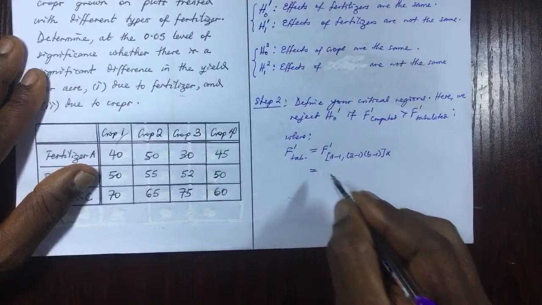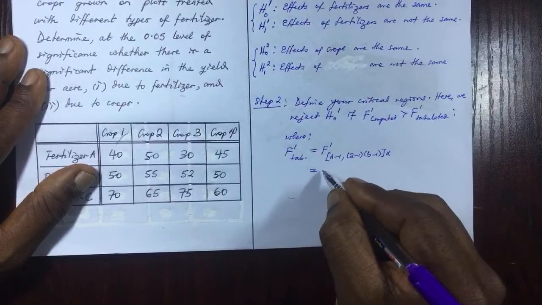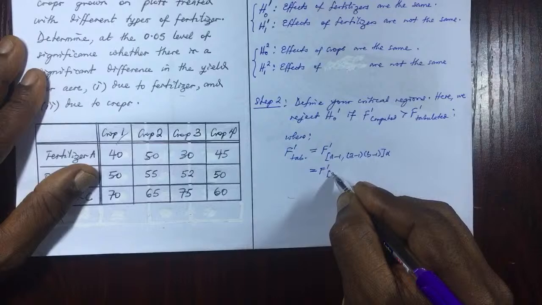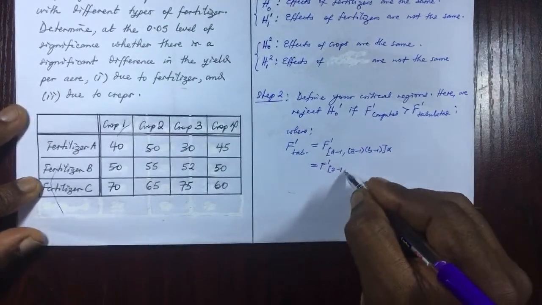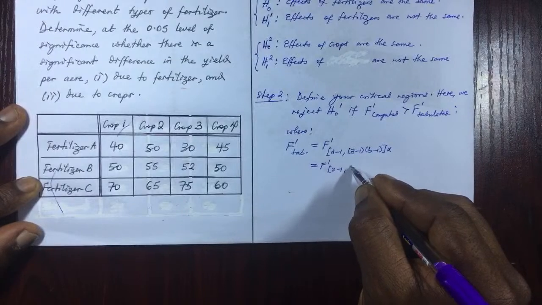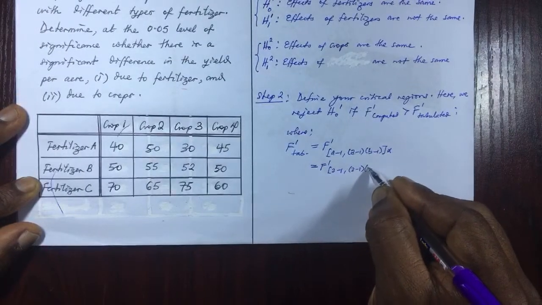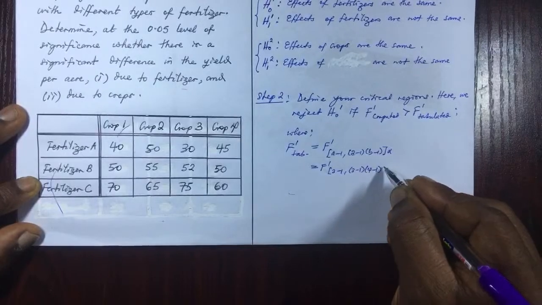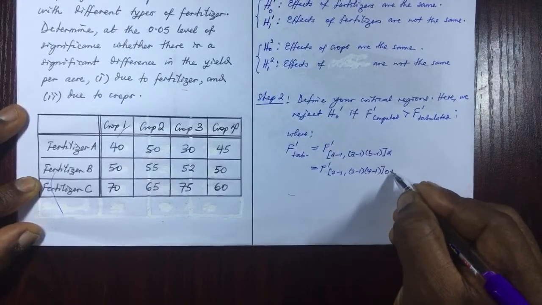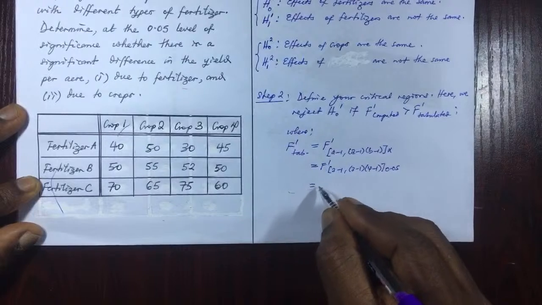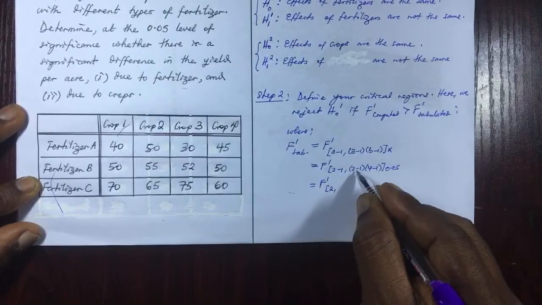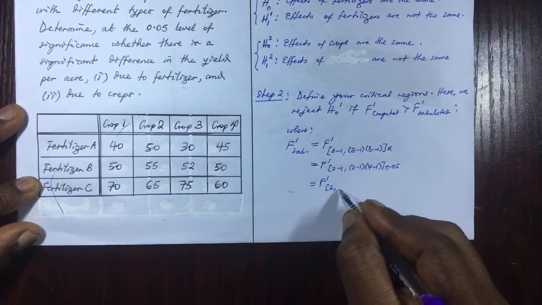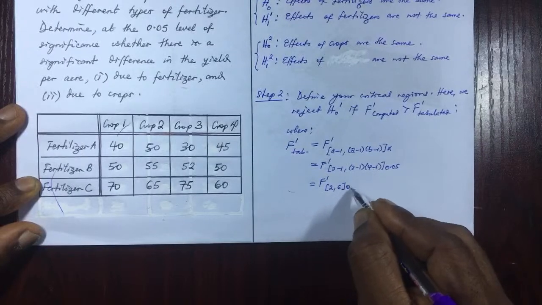And this will give you F1 at 3 minus 1, since there are three treatments, and this will be 3 minus 1 times 4 minus 1, there are 4 blocks, at 0.05. So this finally will give you F1 at 2, 2 times 3 will give you 6, 0.05.